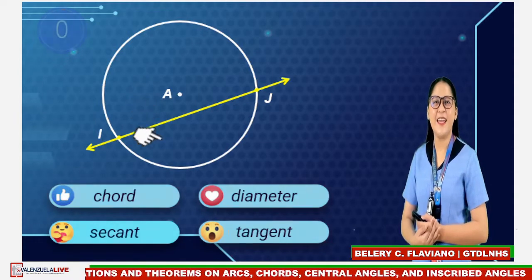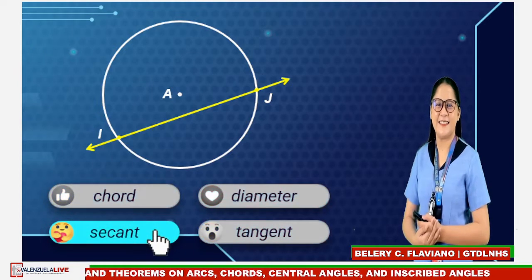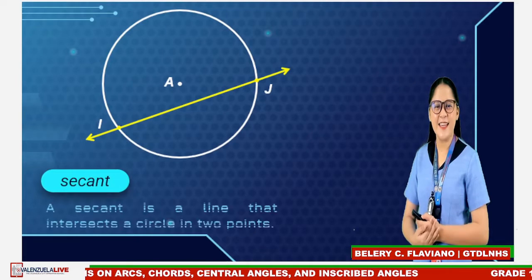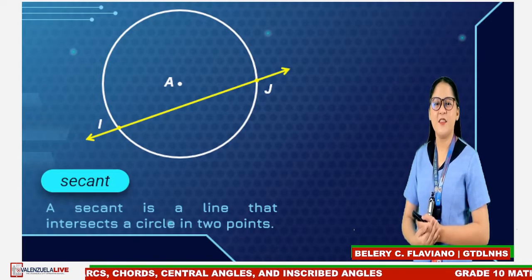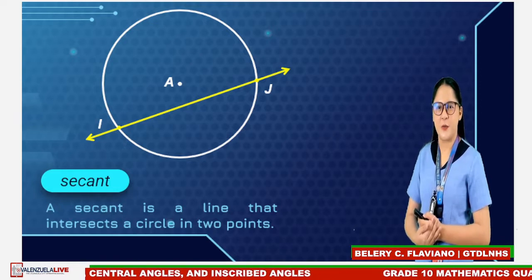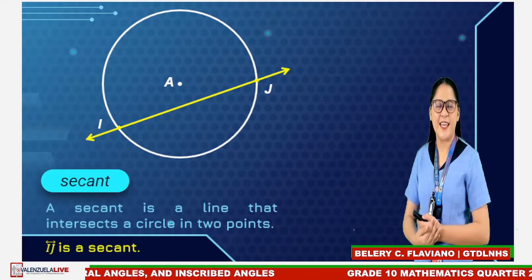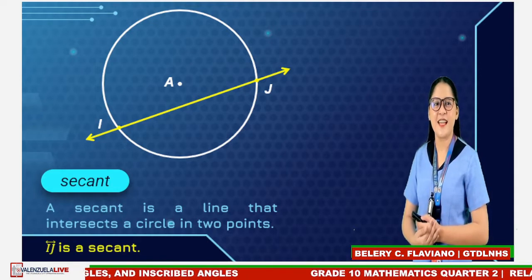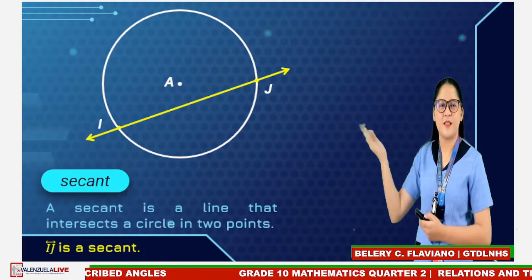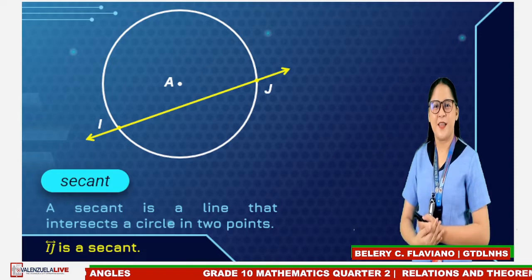The correct answer is secant. A secant is a line that intersects a circle in 2 points. In this figure, line IJ is a secant. It intersects our circle in points I and point J.